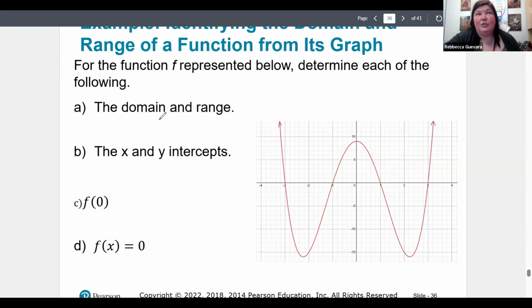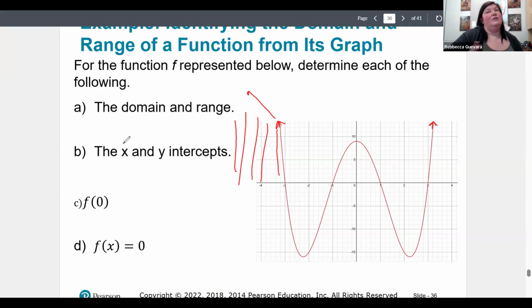So for our domain, in this case, the arrows are going forever on my ends, which means when I'm looking for my x values, this keeps on going forever. So I keep hitting x values out here. What that's telling me is that, as far as my domain goes, at this end I'm going to -infinity because I'm getting smaller and smaller values of x.